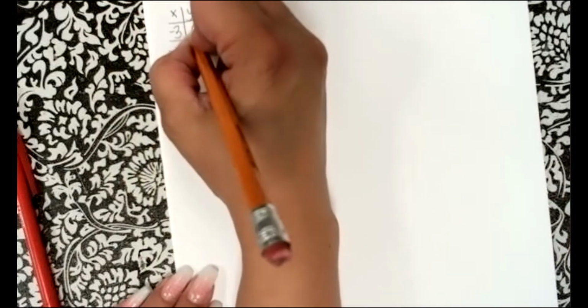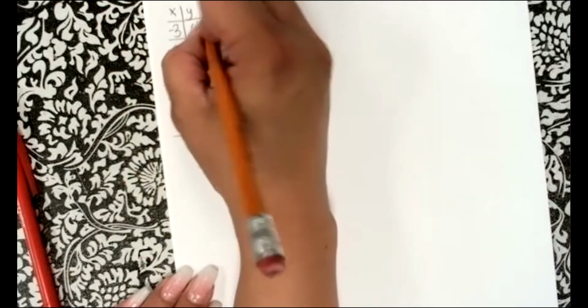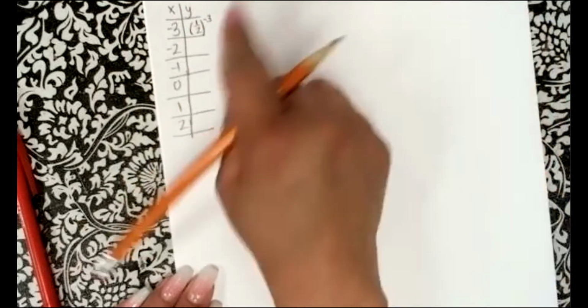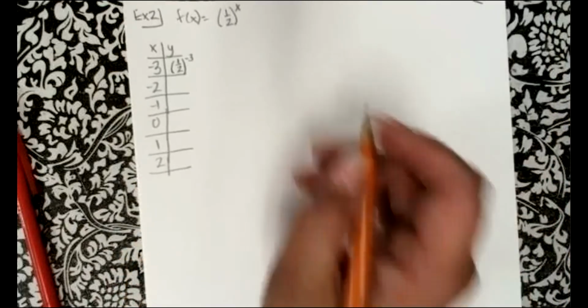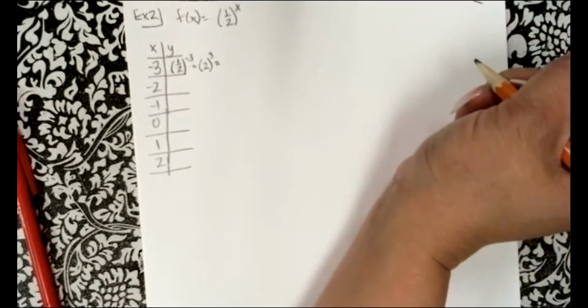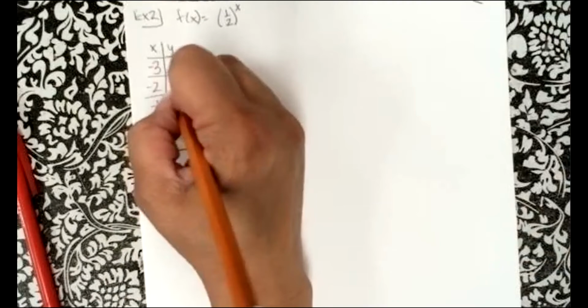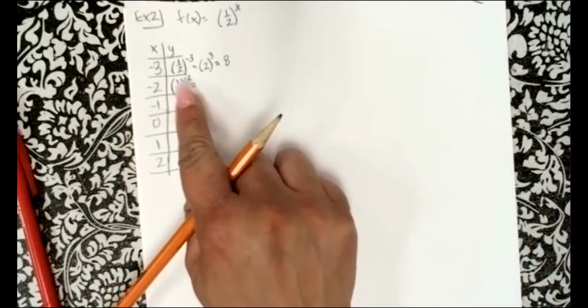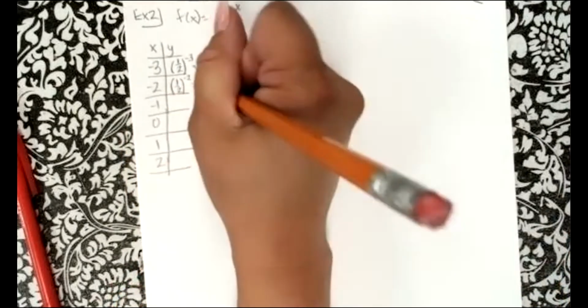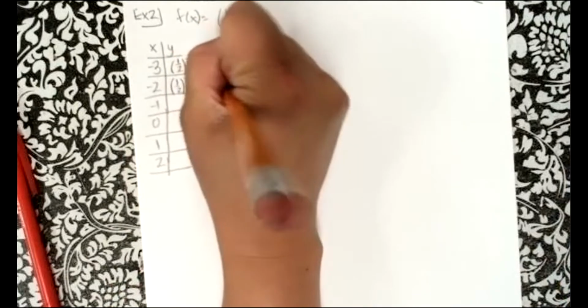Now this is going to be 1/2 raised to the -3rd power. That negative exponent means this is going to flip. So it's actually going to be 2/1, which is just going to be a 2. And instead of being a -3rd power, it's a +3rd power. And 2 to the 3rd power equals 8. Once again, the negative exponent is going to flip this, so it's going to become a 2 squared.